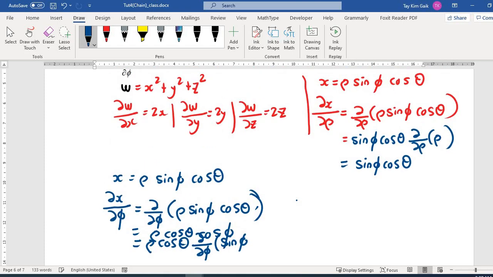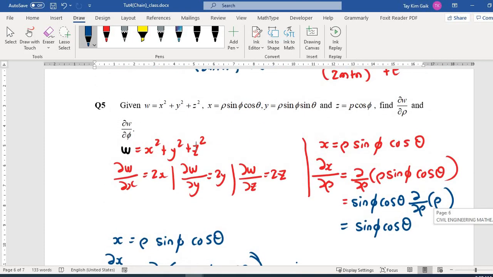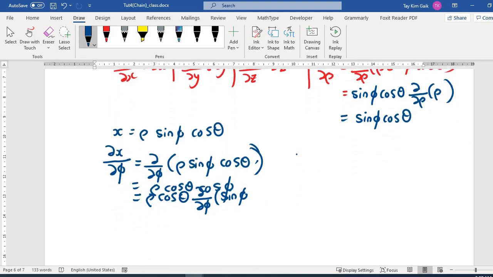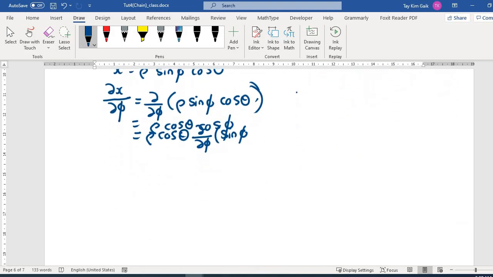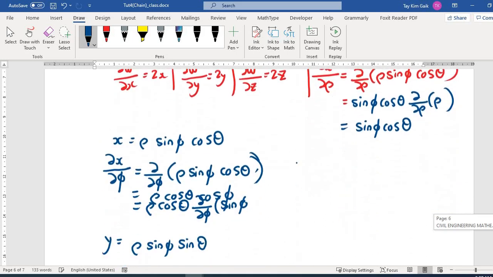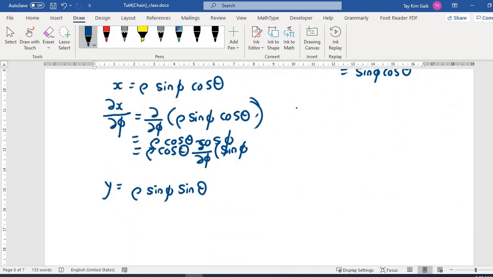And then from y, y is rho sin phi sin theta. So we find del y del rho.